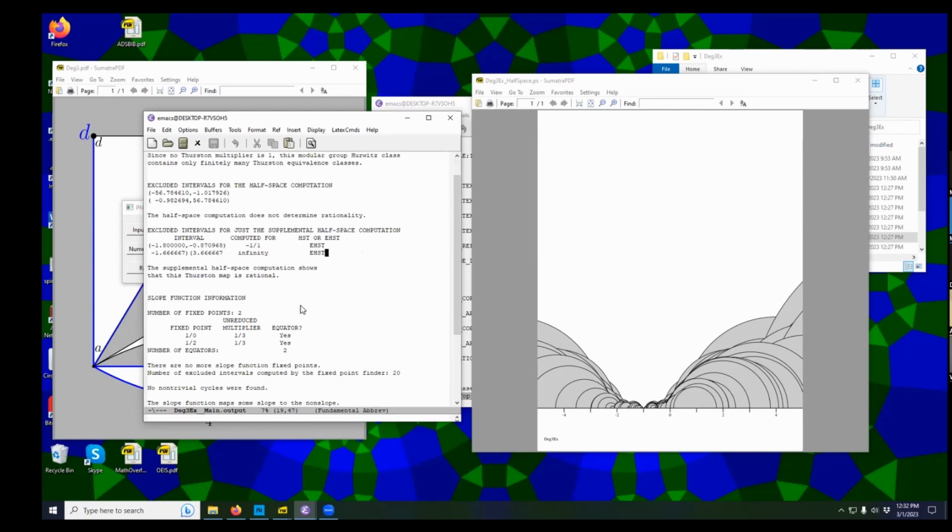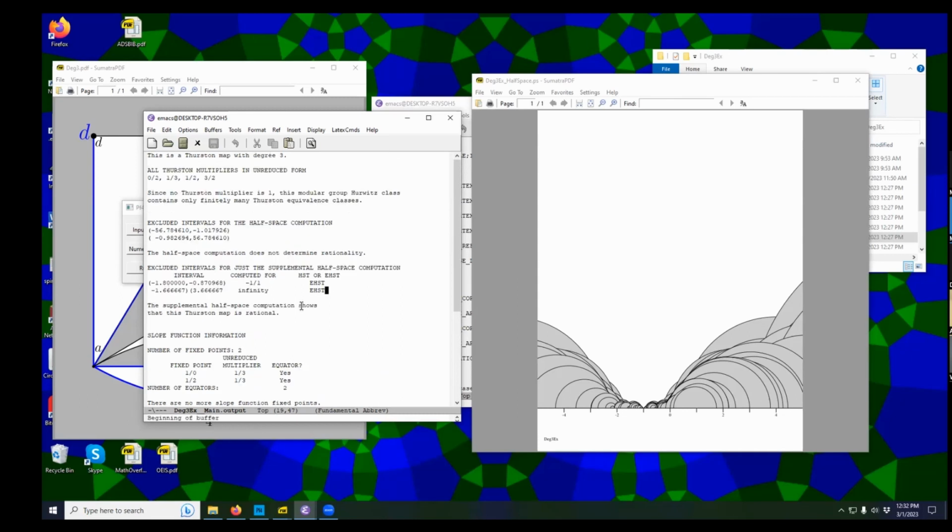I have a question. Maybe I'm confused here. Above you had the Thurston multipliers, and one of them was 3/2. So I sort of thought that this means that the map is obstructed, but obviously I'm confused here. Right.